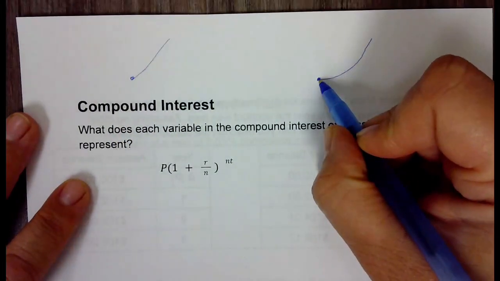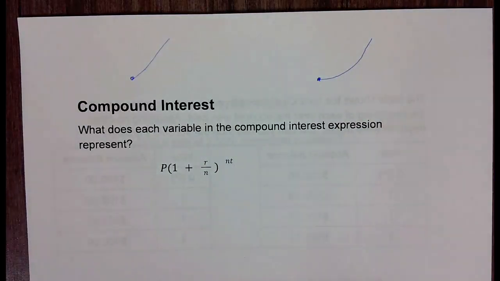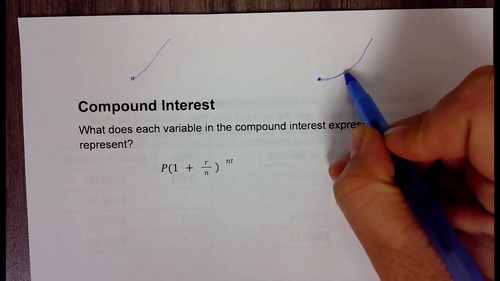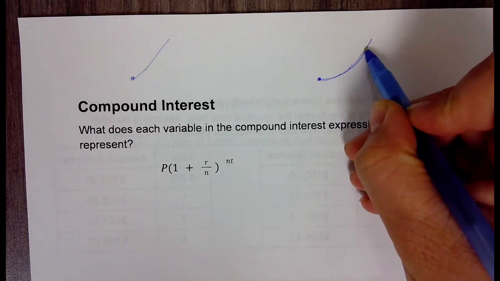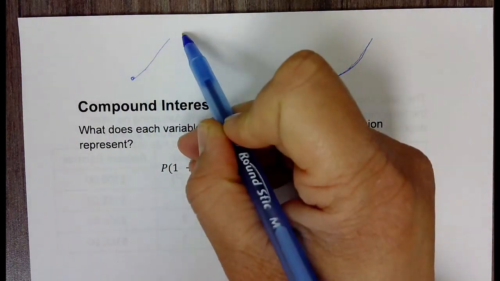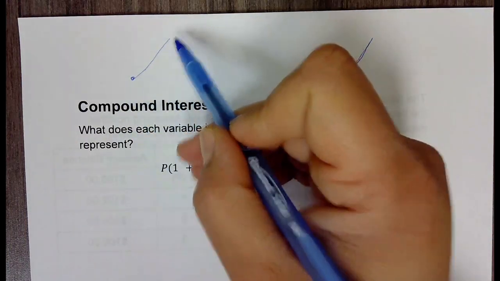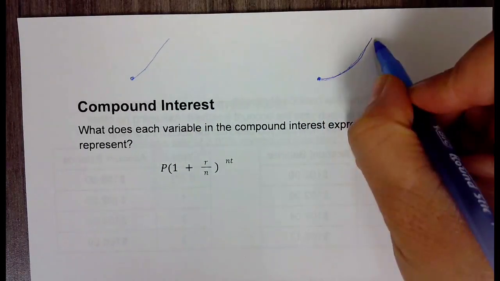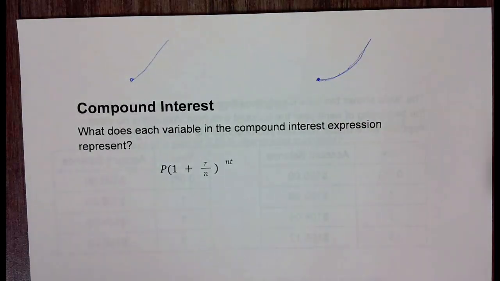It's earning interest on the principal, what you originally had, plus the interest that you earned during that compounding period, which might be a year, it might be a month, it might be every day. It's earning that percent of interest every time it increases. So each time, instead of increasing the same amount in a line, or linear growth, it's increasing each time more in a curve, or exponential growth.